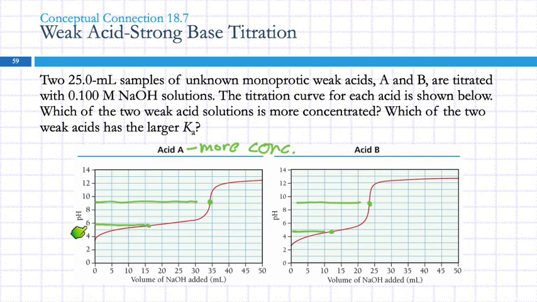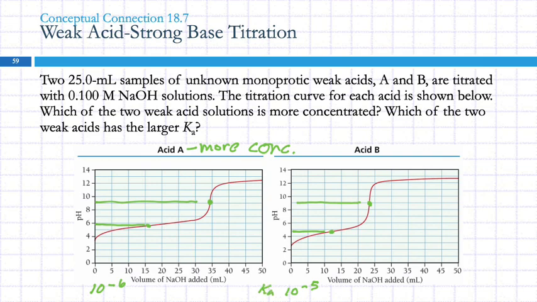So pKa of 6 is 10 to the minus 6, right? pKa of, well, we could just call it 5. That's Ka, right? This pH gives us the pKa.